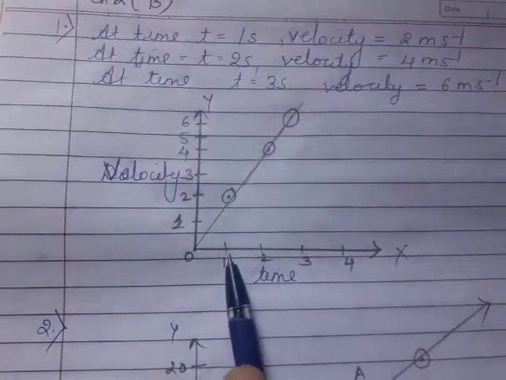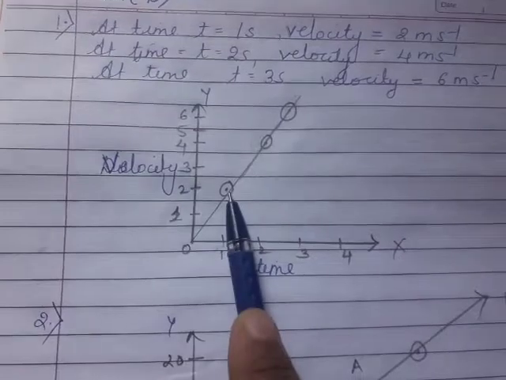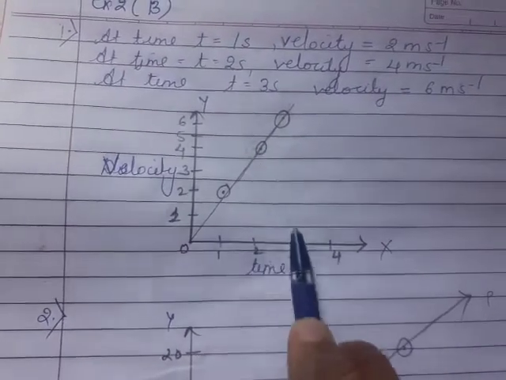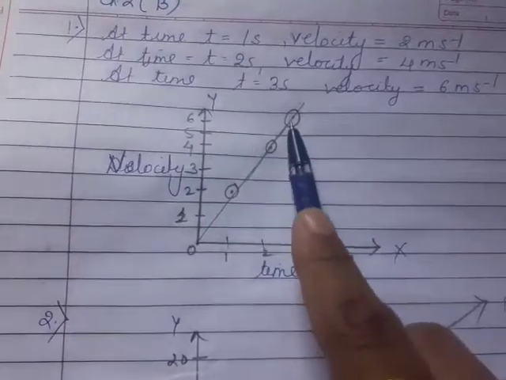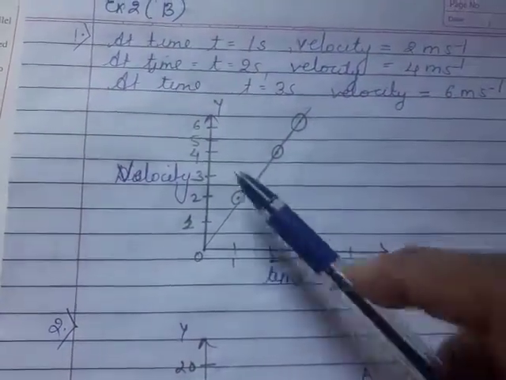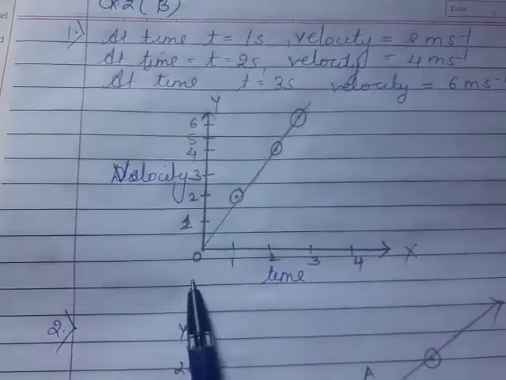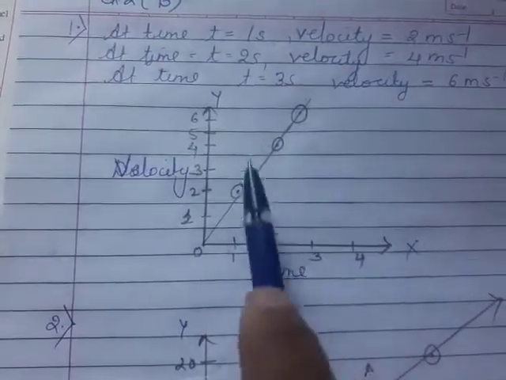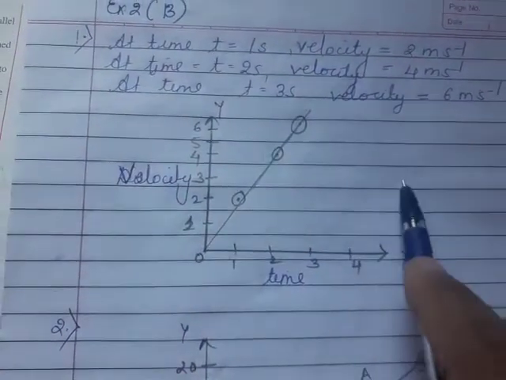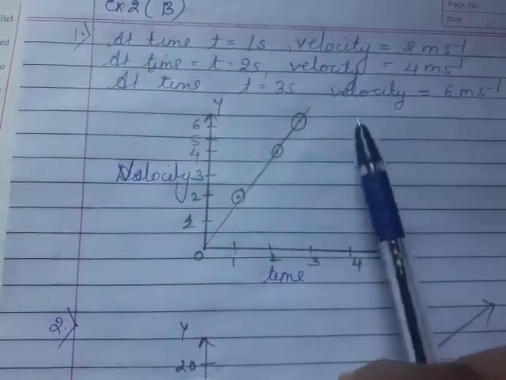So here at time 1 second the velocity is 2, at time 2 seconds the velocity is 4, and at time 3 seconds the velocity is 6. So here I have plotted the velocity time graph, with velocity on the y-axis and time on the x-axis. You have to write x and y here, and 0 for the origin.